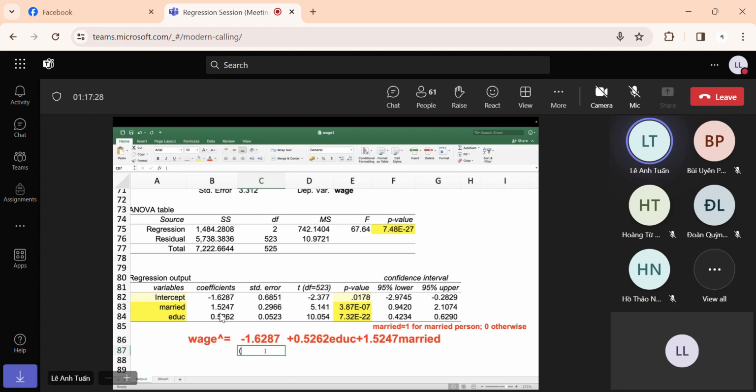And we also saw the standard errors here, right? Yeah, and then we have the standard error for education, and the standard error for marriage. And this is for the education, right?